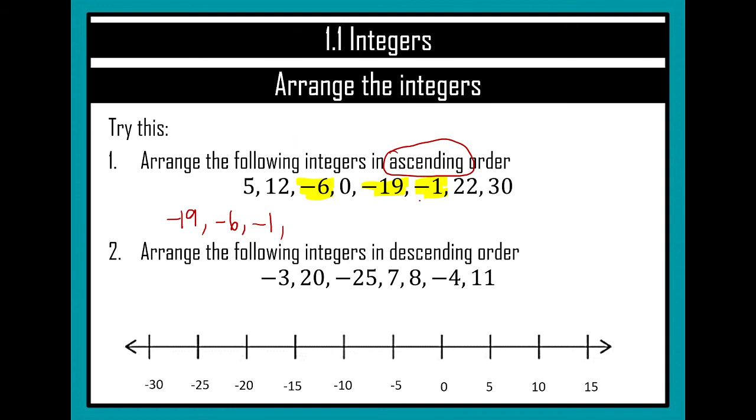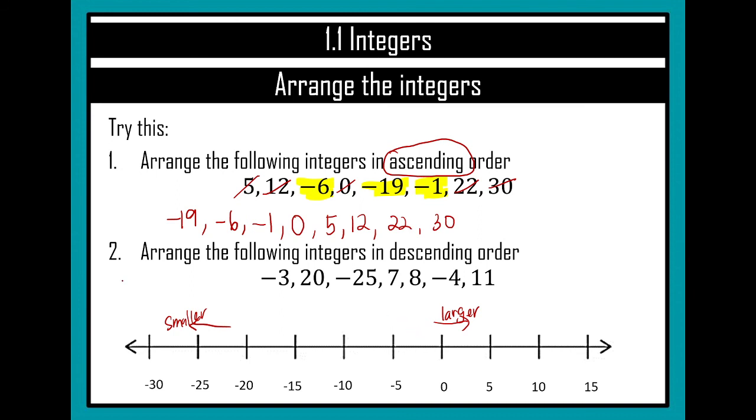Next, we look at the positive integers. 0 is the smallest among them. The next smallest will be 5, and then 12, 22, 30. I conveniently put a number line down here so you can refer to it if you need to. This side is smaller, and going to that side will be larger.